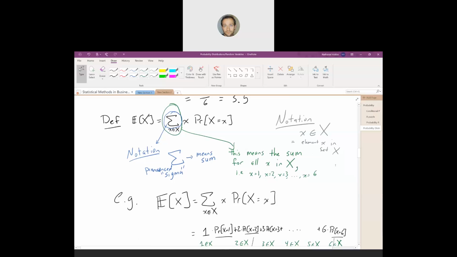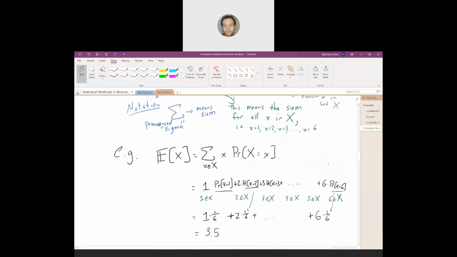So the expected value is a number. You can talk about the expected value of a random variable or the expected value of a probability distribution. It's the same thing.